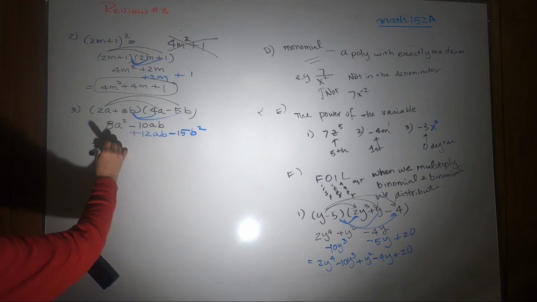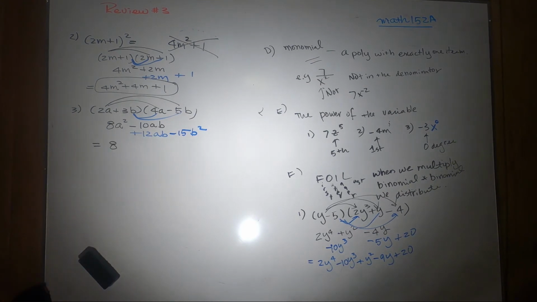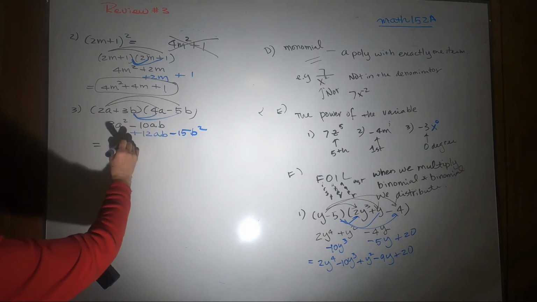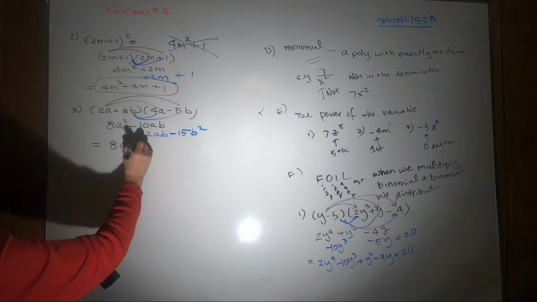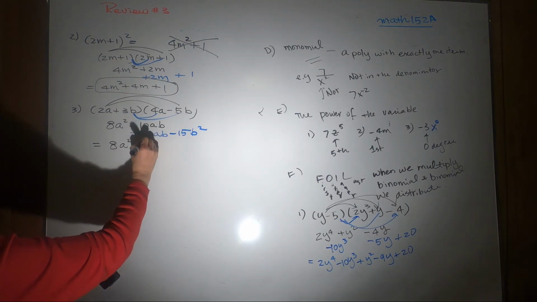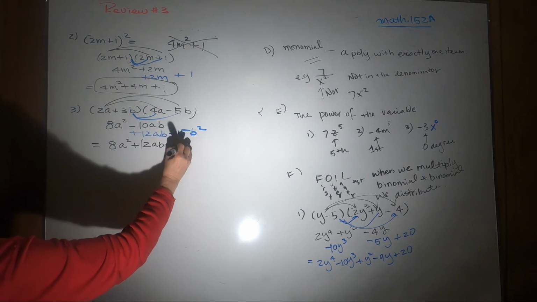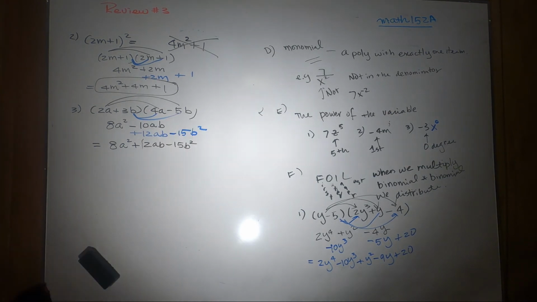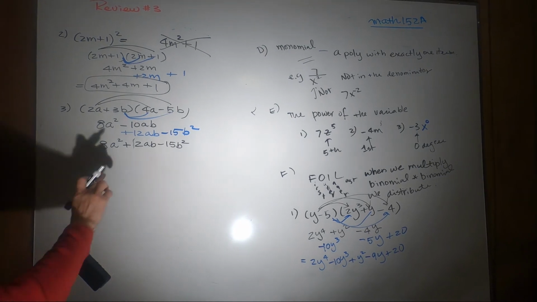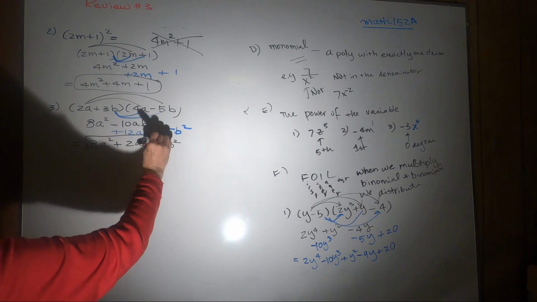That would be, things alike are what? Same variable, same power, right? Same variable, same power. So it would be 8a squared plus 2ab minus 15b squared, right?